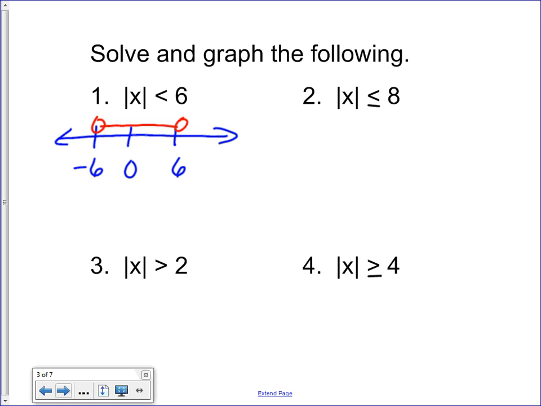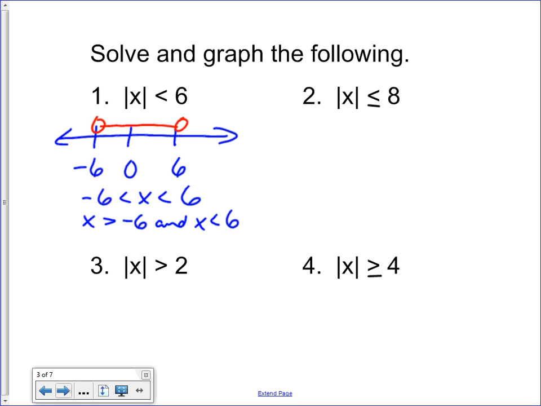You could write it as a sandwich, which would say negative 6 is less than x is less than 6. Or you could write it as a compound inequality with an "and" in it: x is greater than negative 6 and x is less than 6. To me, it's just easier to write the sandwich version, but either one is correct.